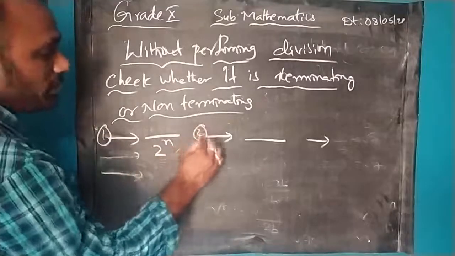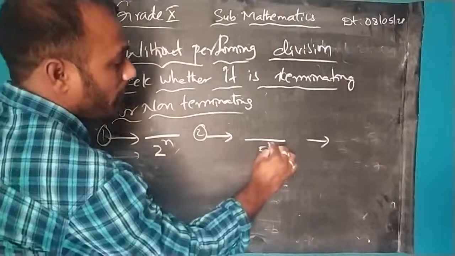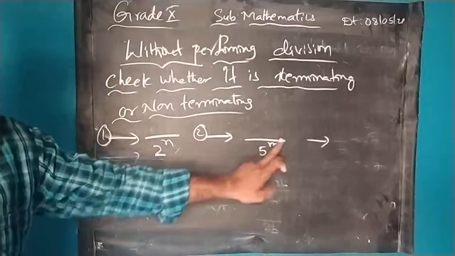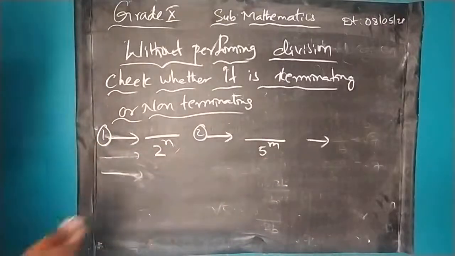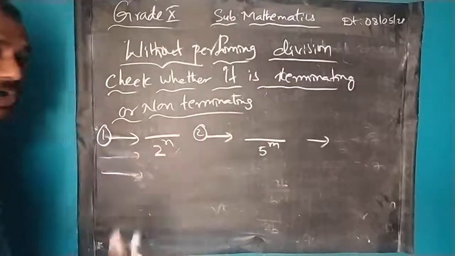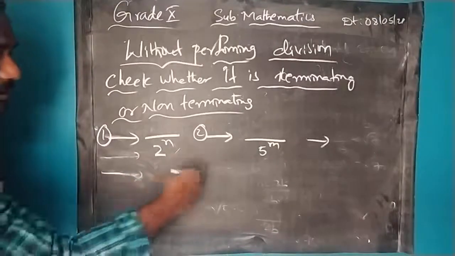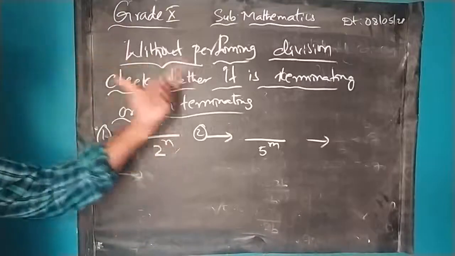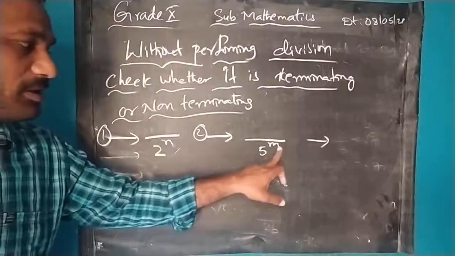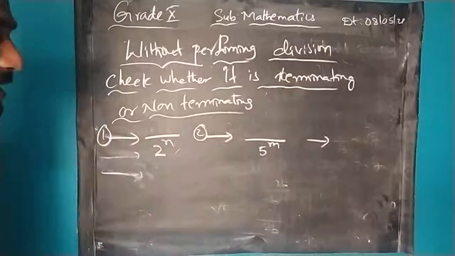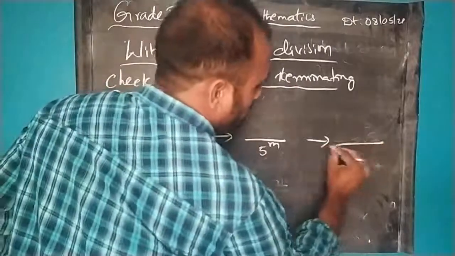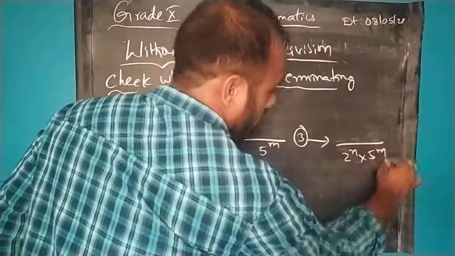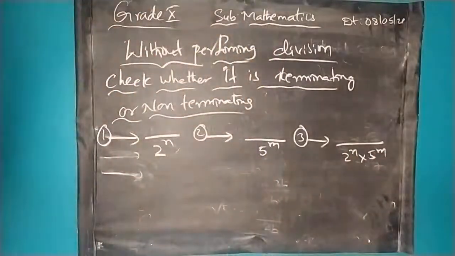The second choice is that in the denominator, if it is in the form of 5 power something, 5 power 1, 5 power 2, 5 power 3, anything, I will call it terminating. If it is in the form of the combination, 2 power n into 5 power m, I will also call it a terminating decimal.